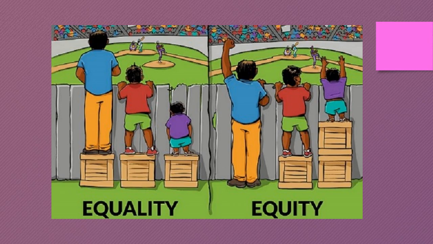So some learners don't need any advantages. They are perfectly capable and perfectly able to complete all the work to the necessary standard by themselves. Some learners need a little bit of help. They need a little bit of a boost, and some learners need a lot of help.